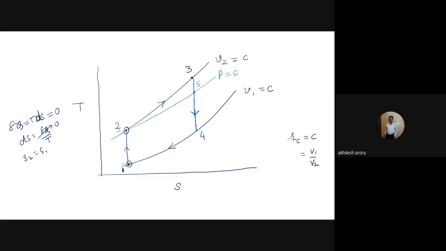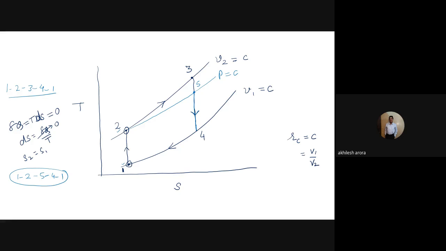Then 4 to 1 is the heat rejection at constant volume. So basically I can say this is the cycle 1 2 5 4 1. This is the diesel cycle, and the Otto cycle was 1 2 3 4 and 1. I hope both the cycles are clear to you.